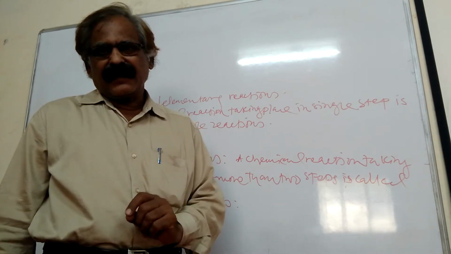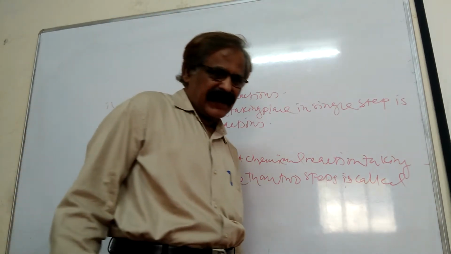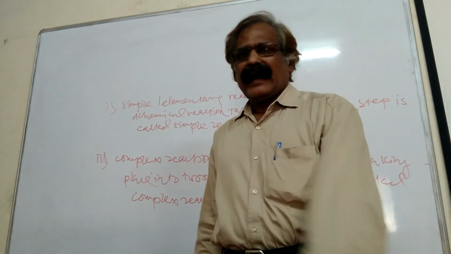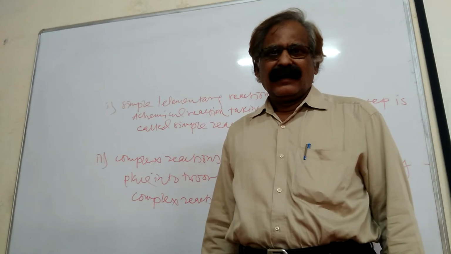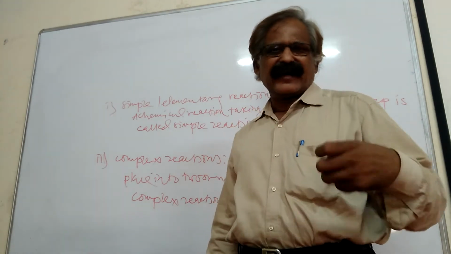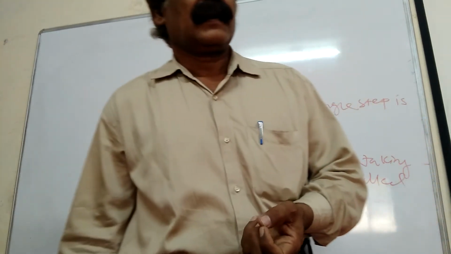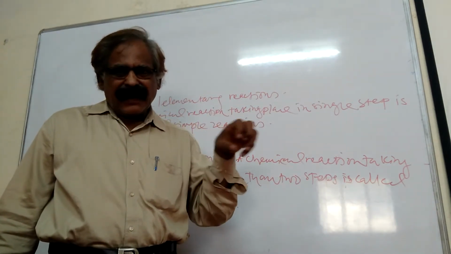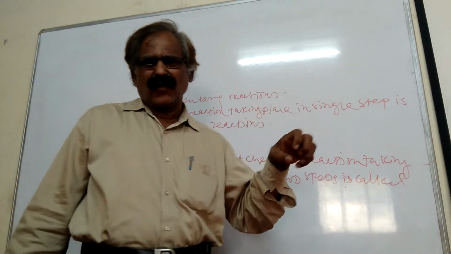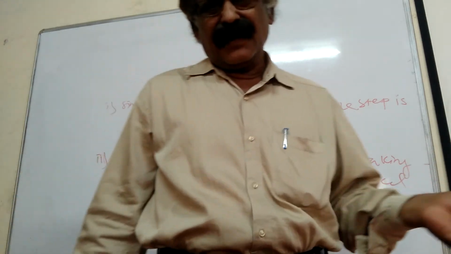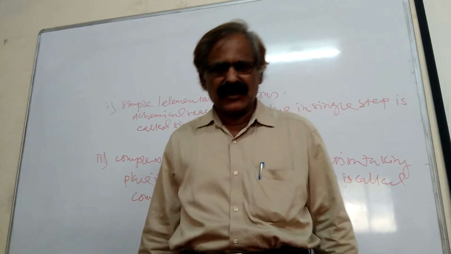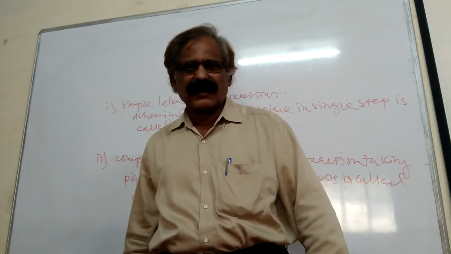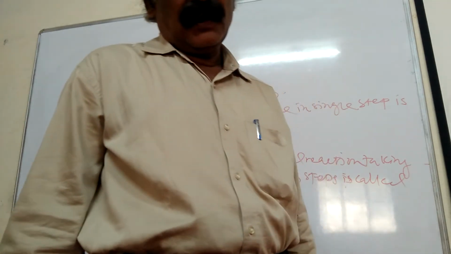In first step, acetone is converted into methane and formaldehyde, and these two intermediates later on, the formaldehyde, one of the most important intermediates in this case, is later on converted into carbon monoxide and other products.